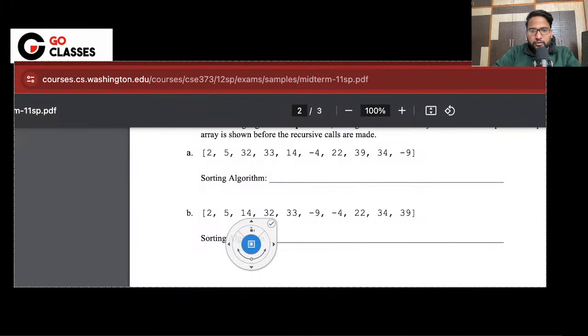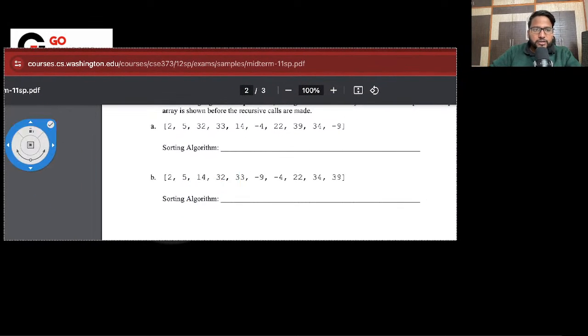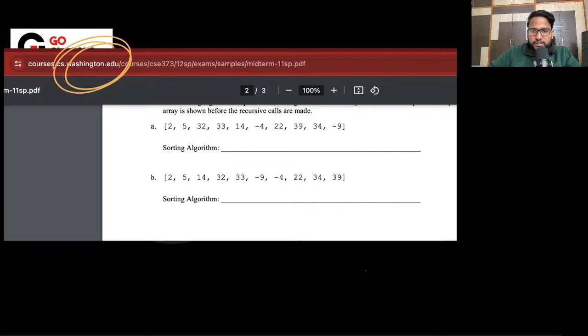Okay, so let's see this question. This is actually from Washington University. This is a question from Washington University.